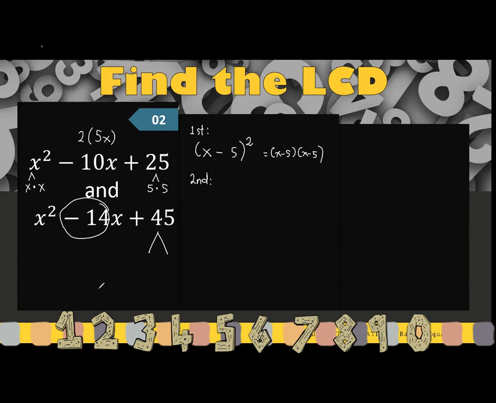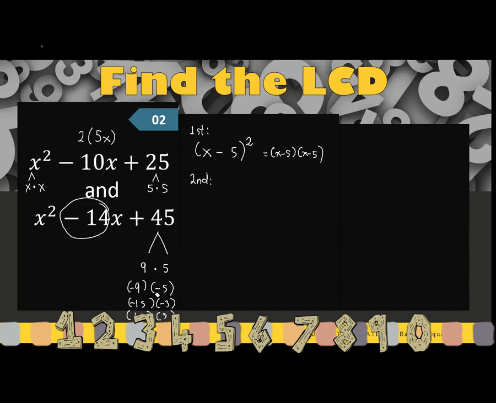Let's try to list some of the factors of 45, like we have 9 times 5, negative 9 times negative 5. We have 15 times 3, negative 15 times negative 3, and so on and so forth.